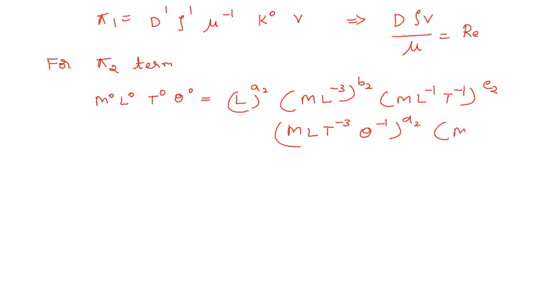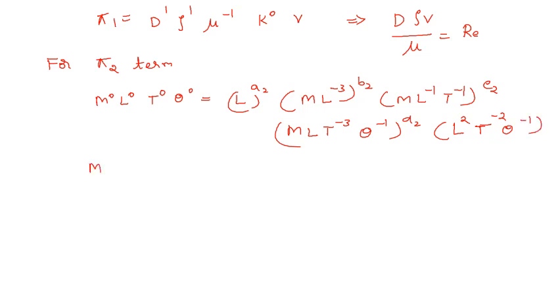And there's a L, right? I can write that as a, this one I can write here as L to the power 2 T to the power minus 2 and theta to the power minus 1.